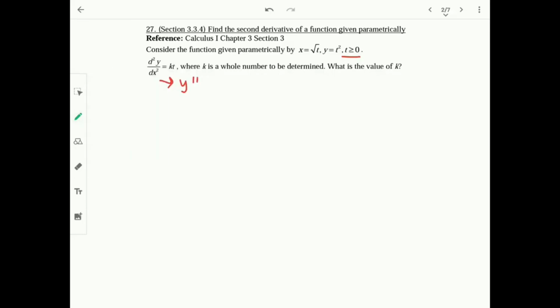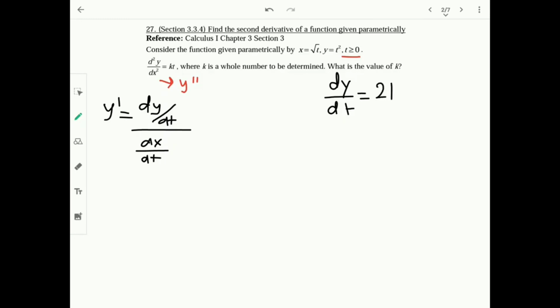So first, before finding y double prime, you have to find y prime, which is dy by dt over dx by dt. So let's find dy by dt. That's the derivative of y, so that's 2t, and dx by dt is half over root t, right?